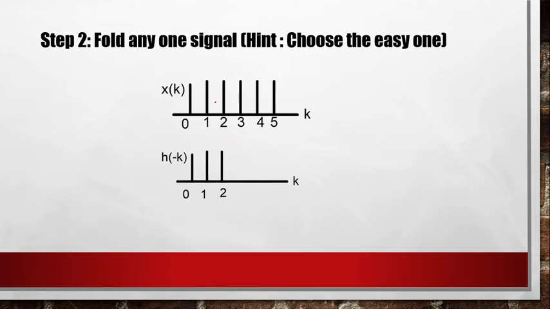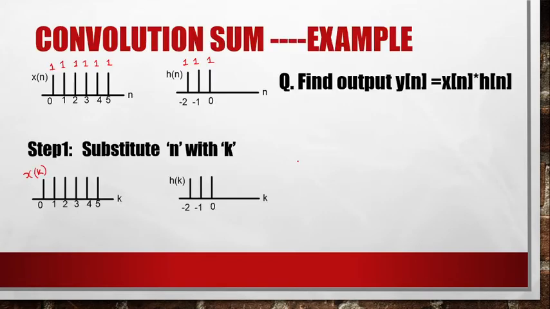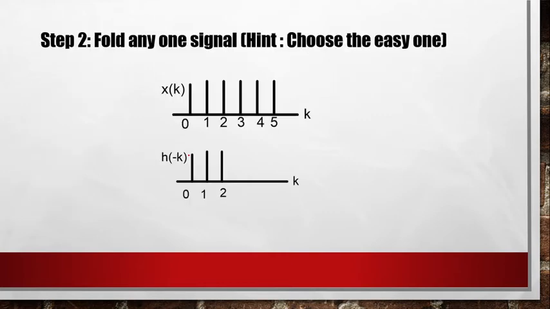So what was the hk initially? hk was 0, minus 1, minus 2. So hk was like this: 0, minus 1 and minus 2, right? So this was my hk.